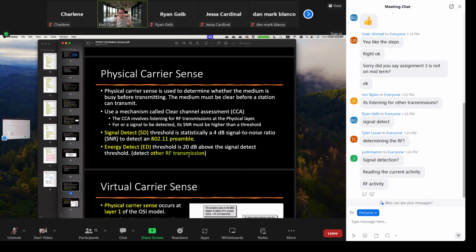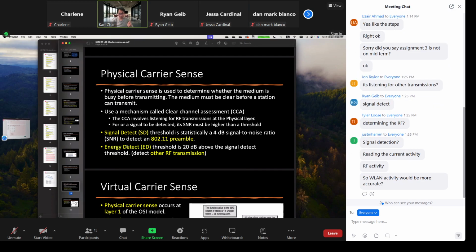For example, if you're using the 2.4 gigahertz band, you will have Bluetooth devices or a wireless keyboard or mouse using the same channel, and they will interfere with the channel. So the transmitter, before it transmits, also detects the energy of other devices using the RF frequency. So WLAN activity would be more accurate.